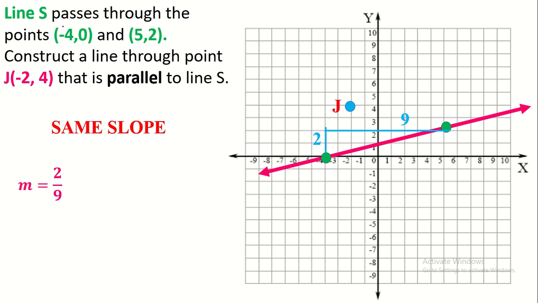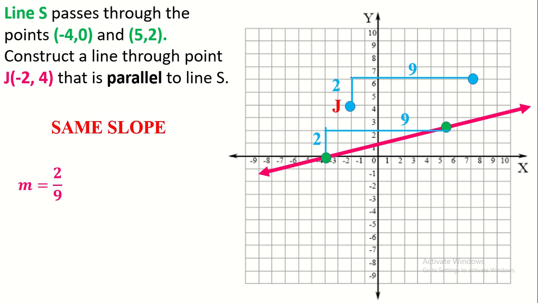So now we know that our parallel line will have the same slope. So we're going to repeat the slope starting from point J by rising up 2 units. So dito tayo sa point J. So mag-rise tayo ng 2 units going up and then move 9 units going to the right.